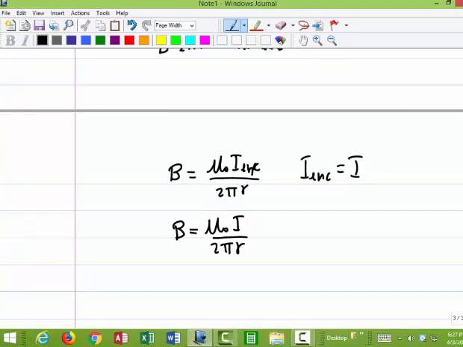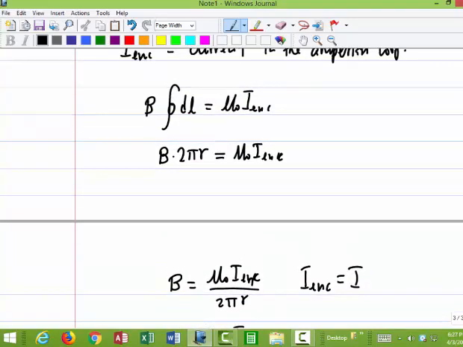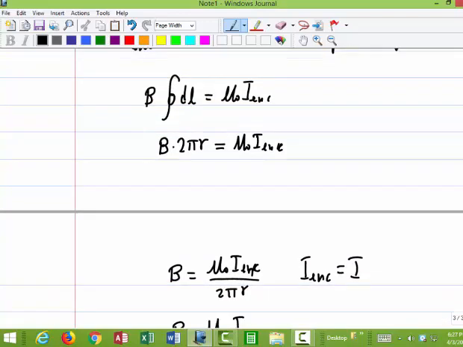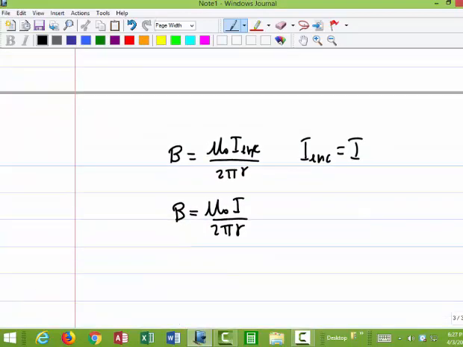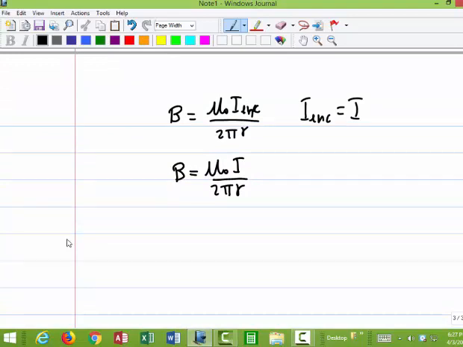So what we've done is found the magnetic field at some point in space next to a current-carrying wire by taking the integral over a closed loop called an Amperian loop. This is basically what we do when we use Ampere's law.